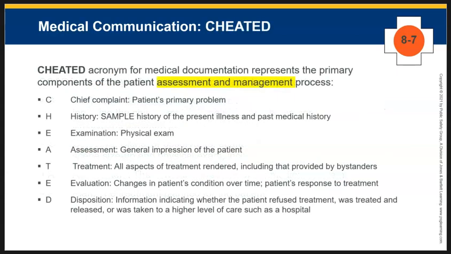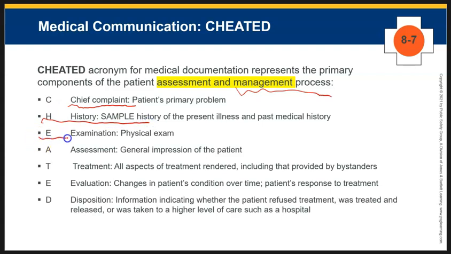Another useful acronym is CHEATED, but this includes everything. It's a little bit more complete. It covers the management of the patient's particular injury, but it very much follows what we learned in Chapter 7 in terms of assessment. You get a chief complaint during that part of scene size-up and primary assessment. You take a complete medical history, such as a SAMPLE history.